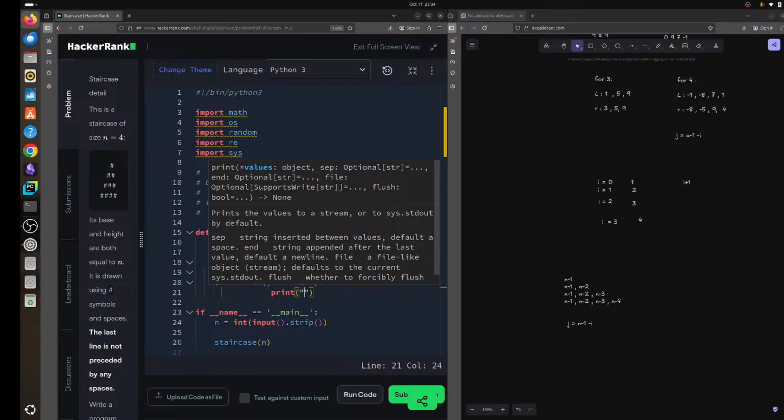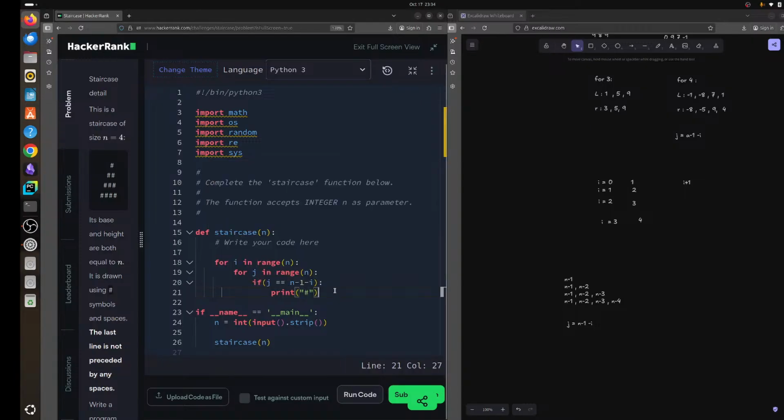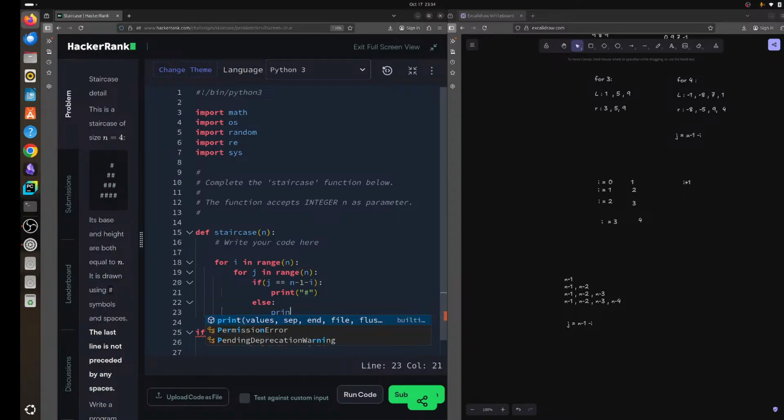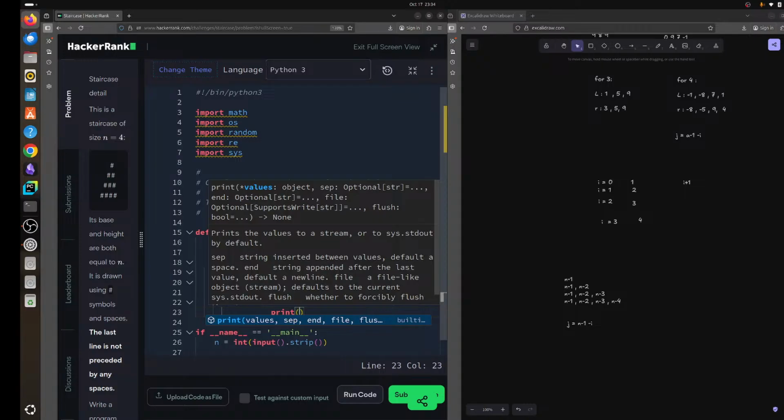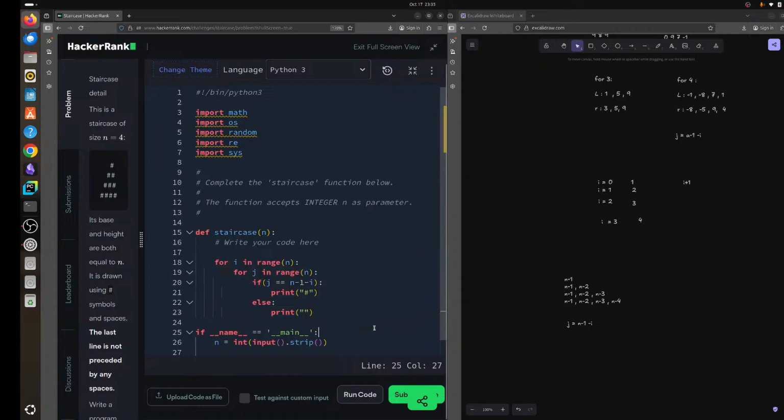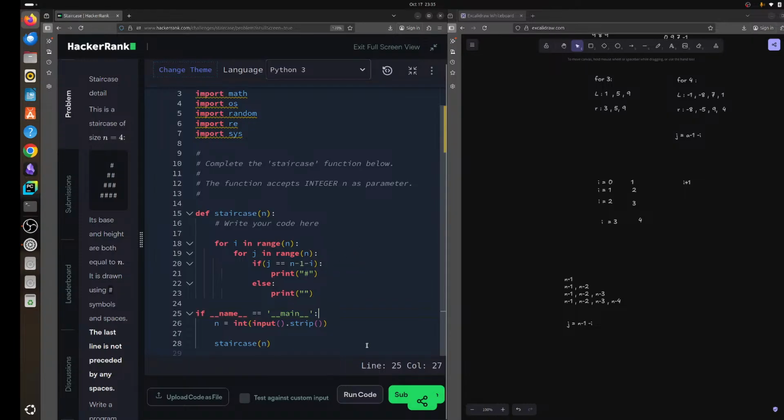Otherwise, else we will print a space, an empty space we can print, right? Let's run the code.